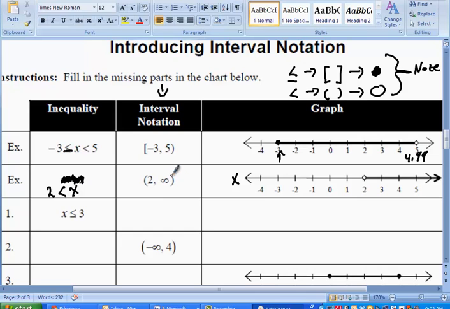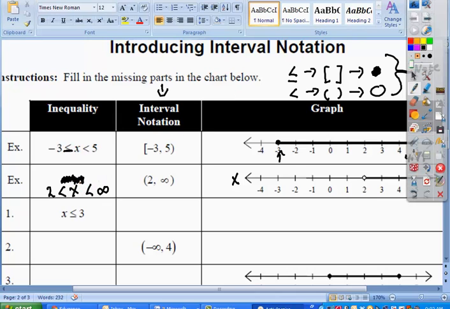So infinities will always get a parentheses, and over here, on the inequality, I could put less than infinity. If you notice, you have the -3, the -3, and then the 5 on the right, and the 5 on the right here. But really, in math, it's kind of redundant to put that infinity sign, which is why you'll never actually see it on any of your answers if you were to take a test.